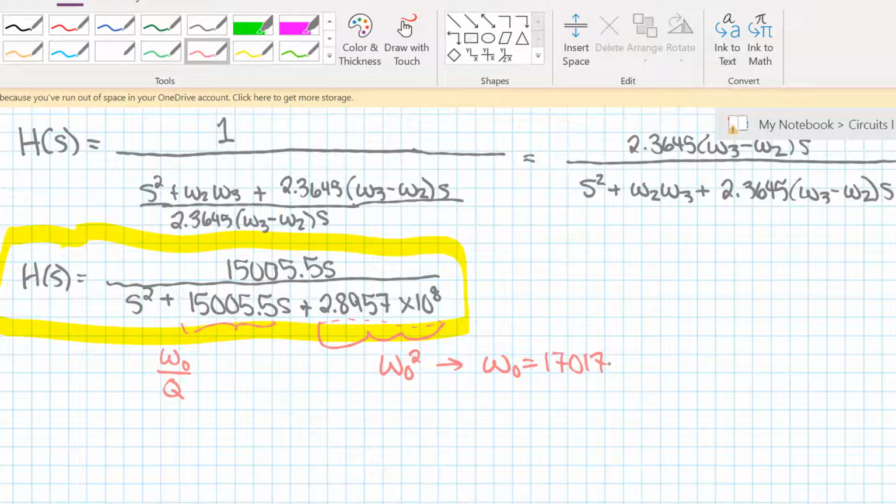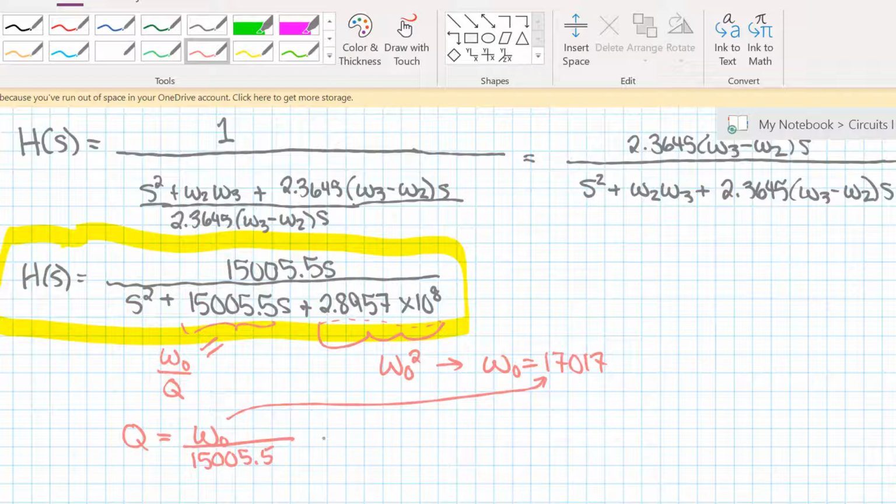And I get about 17,017. And so if omega naught over Q is equal to that number, I'm going to multiply by Q and divide by that 15,000 to solve for Q. And then plug in for omega naught, 1.134.